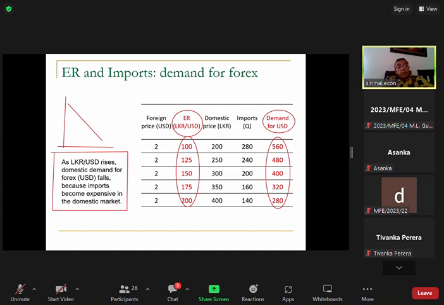As the exchange rate depreciates, domestic demand for foreign exchange falls. That's what you saw here in the last column. Why? Because imports become expensive. That's what you saw here in our domestic market. So that's the reason why we have a downward sloping demand curve.